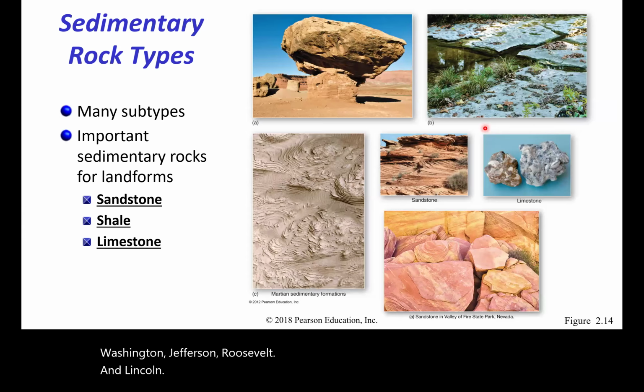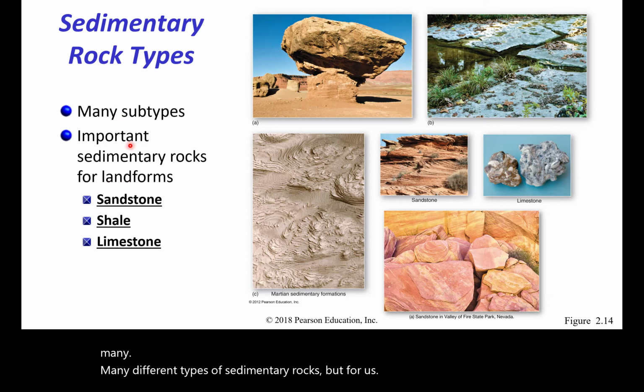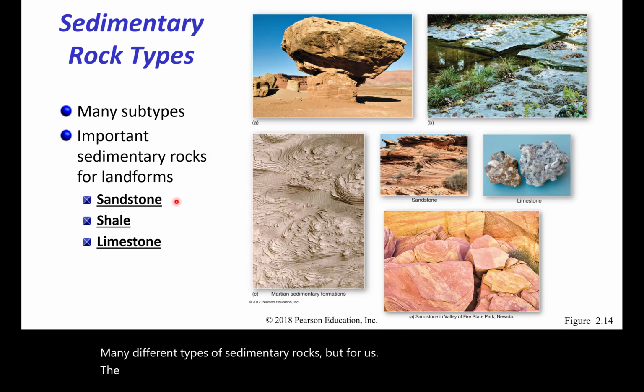All right, so those are our igneous rocks. Now our sedimentary rock types. There are actually many different types of sedimentary rocks, but the important ones for us to know are going to be sandstone, shale, and limestone. Sandstone is made of sand.